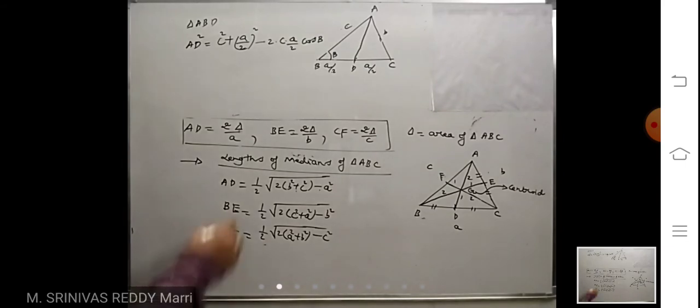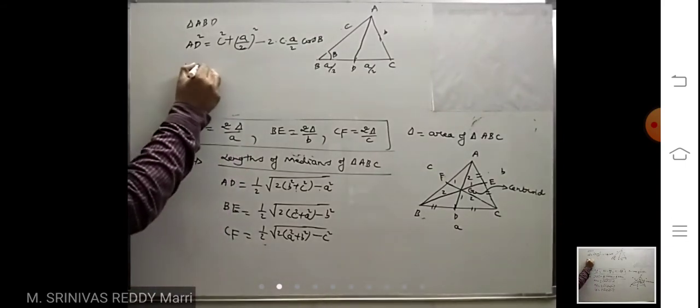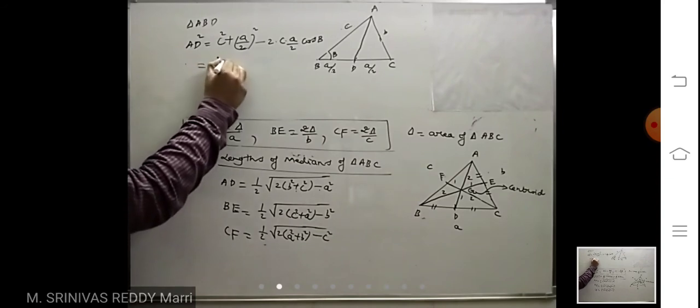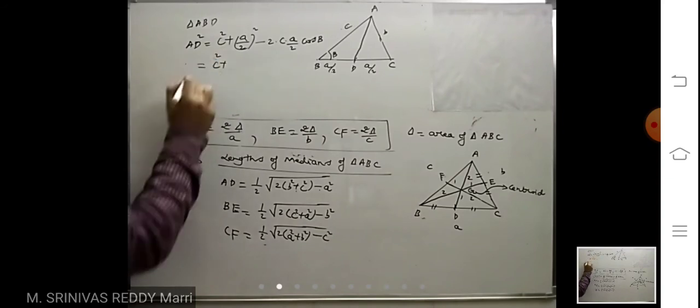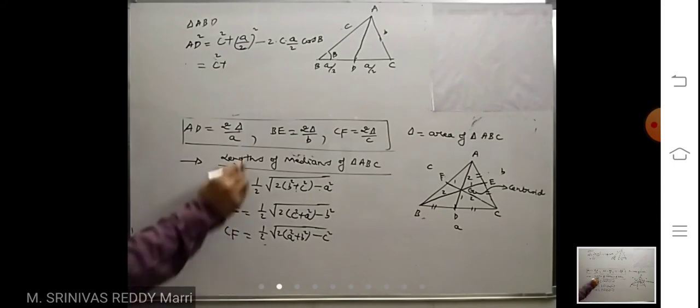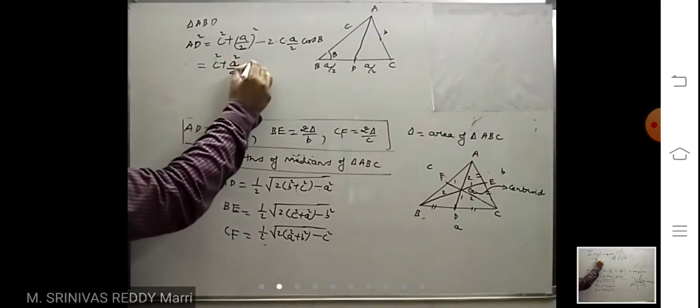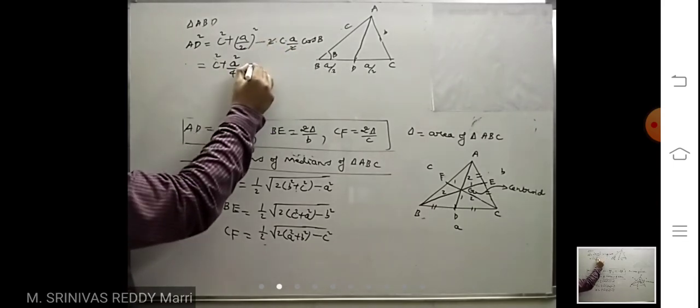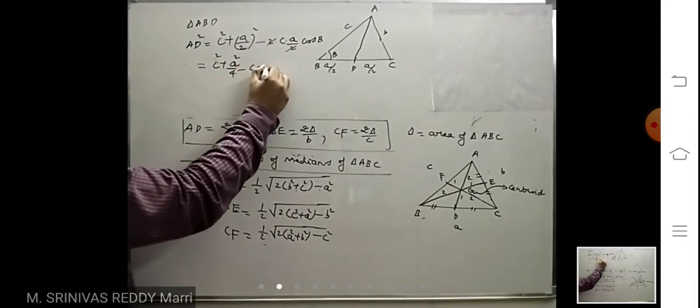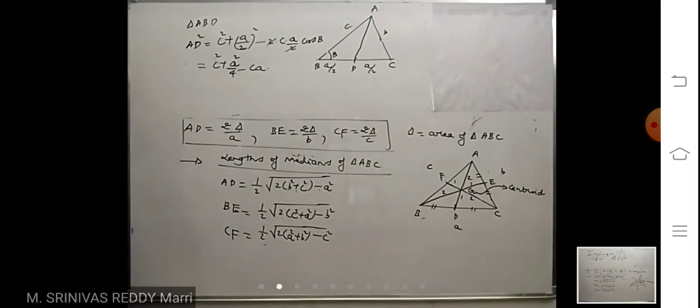Now AD square is nothing but C square plus A square by 4, minus, the 2 cancels out, CA into cos B. What is the cos B formula?